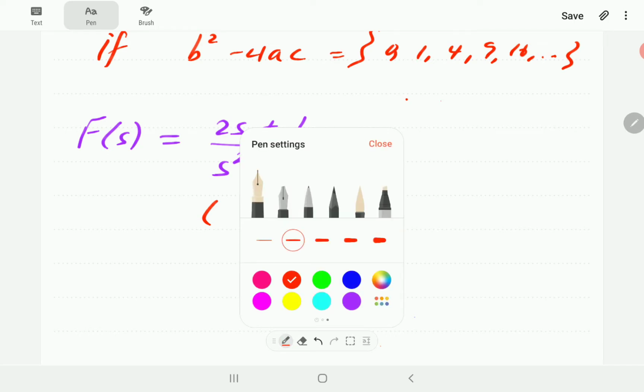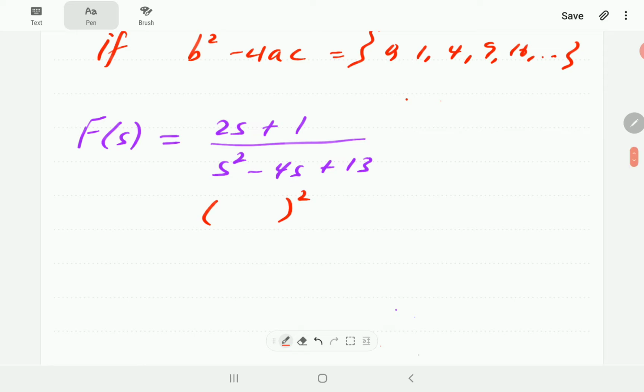That something squared always has the same sign as the middle term inside here, so we're going to have a minus. The first term is always s. The second term is half of this, so in this case it's minus 2.